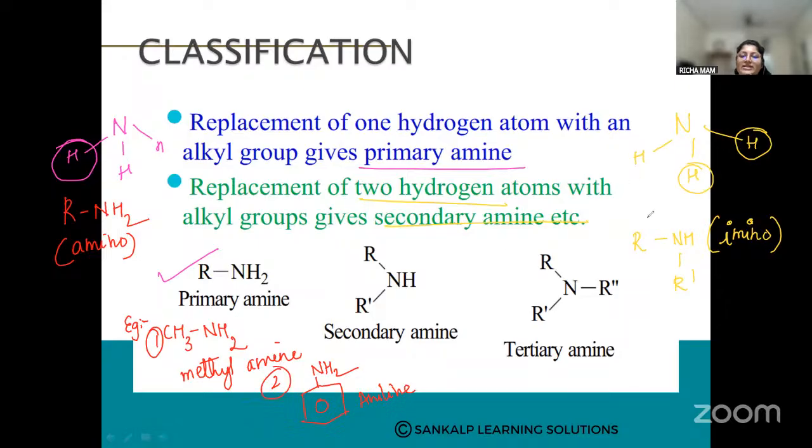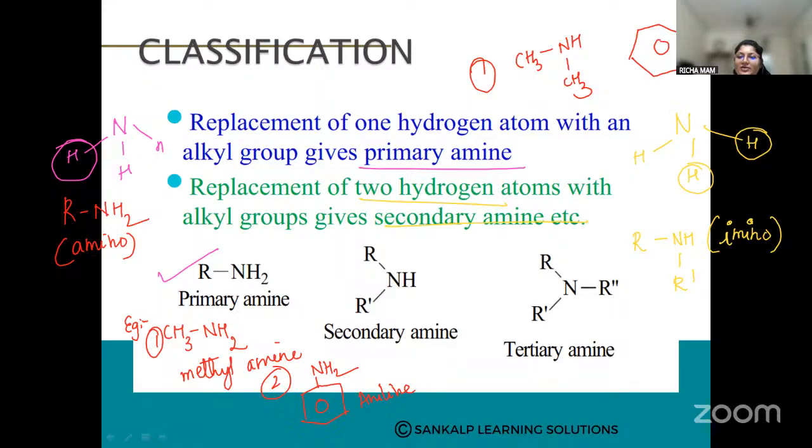Now let us see the examples of secondary amine. CH3, NH, CH3. This is an example of secondary amine. And one more example I'll give. Can anybody tell the name of this compound?